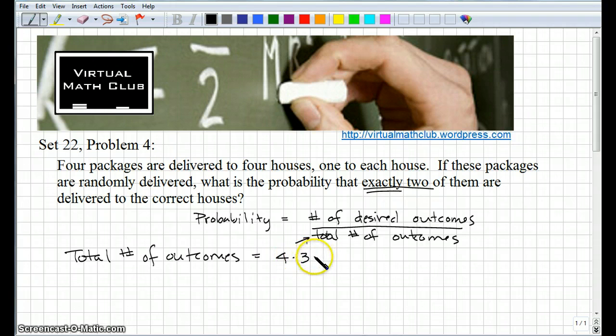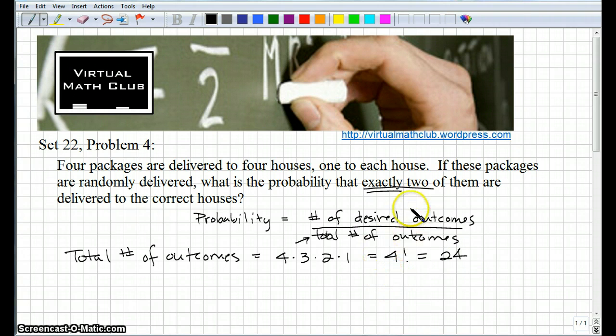He's got 2 houses left, so 2 choices for the third package. Finally, he's only got 1 house left, so there's no choice. So we end up with 4 factorial, 4 times 3 times 2 times 1 ways to deliver those packages without any restrictions. That's 12 times 2, which is 24 ways.